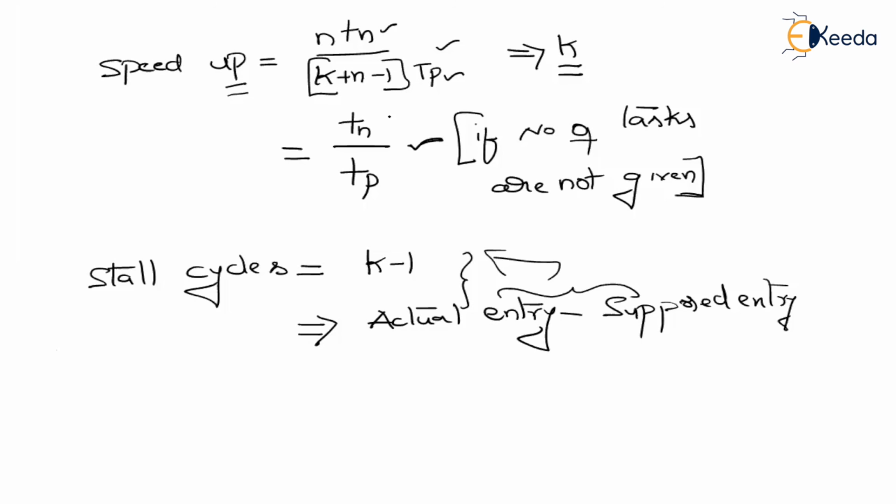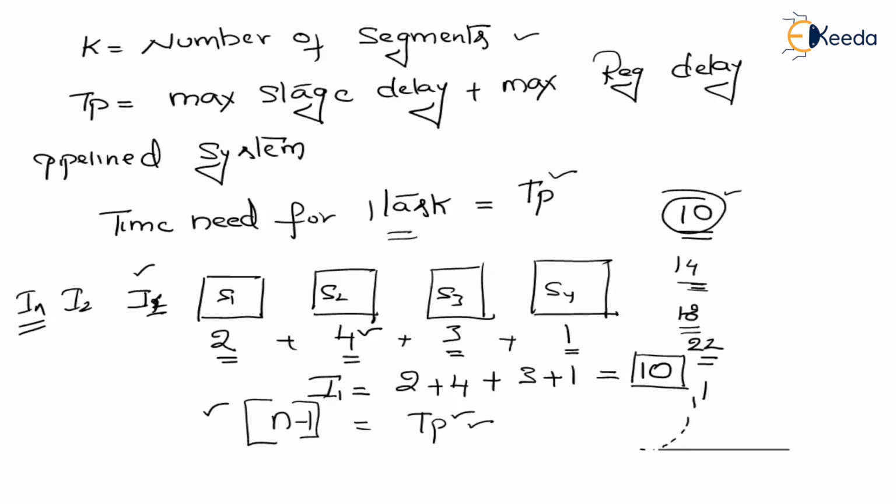Okay, we can also calculate the speed up by using the Tn by Tp formula when number of tasks are not given. Okay, stall cycles is equal to k minus 1, you know this. This will also be equal to actual entry minus supposed entry. Okay, in a pipeline system, time required for one task is equal to Tp.